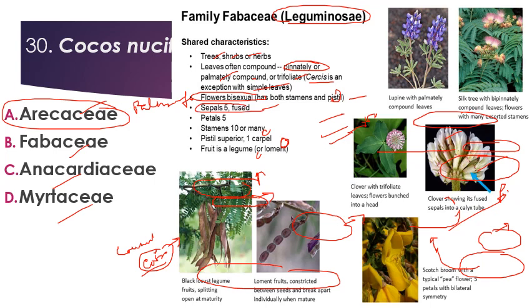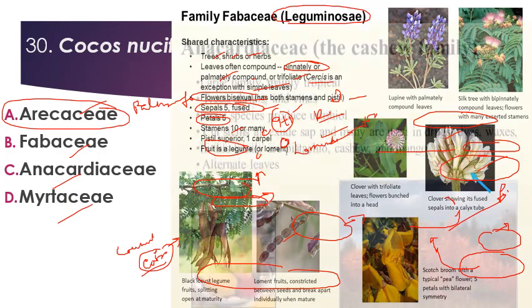Stamens 10 or many. Mostly it contains one condition that is called diadelphous condition, 9+1 arrangement of stamens. Then pistil superior means hypogynous condition होती है. Some flowers also contain perigynous condition. Fruit is legume or lomentum. तो जो term fruit के लिए use होती है leguminosae के member के, that is called lomentum. So this is lomentum.